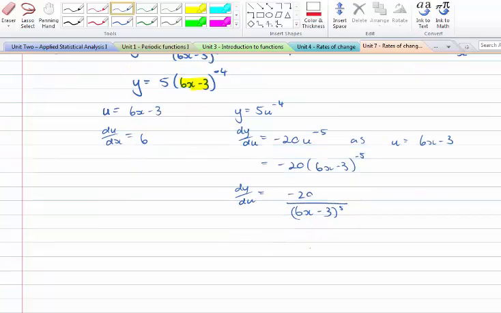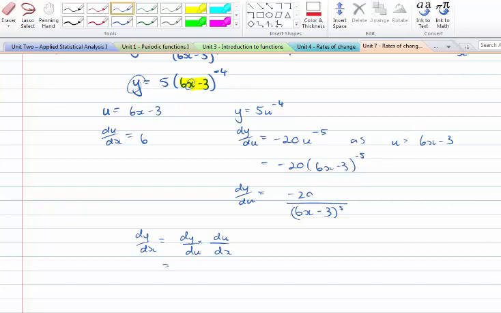So now we have to join them back together, and remember it will just be the product, but we want to communicate it. We're looking for y with respect to x. So dy dx is equal to, now we split these two up, dy dx, and we fill in the remainders with du.